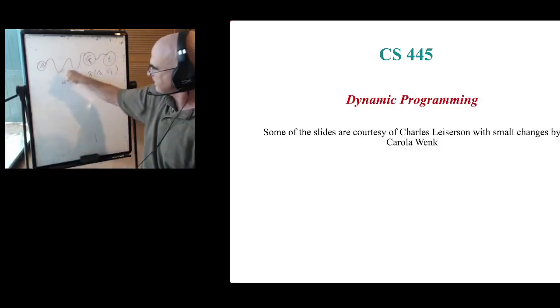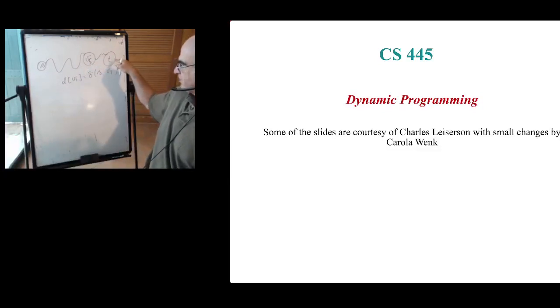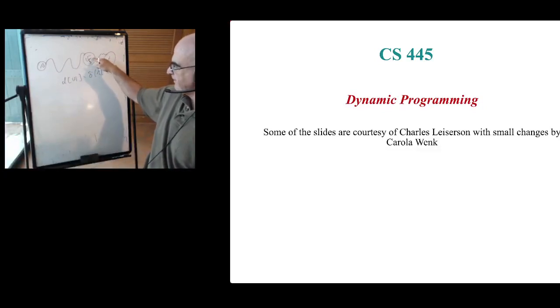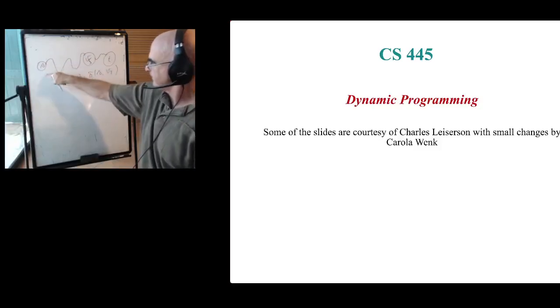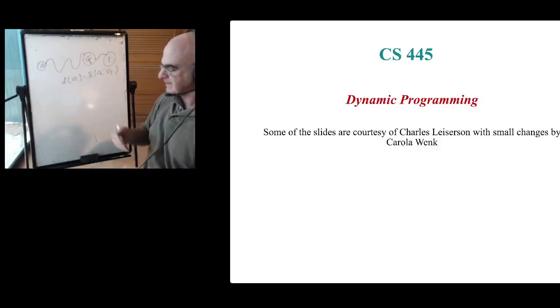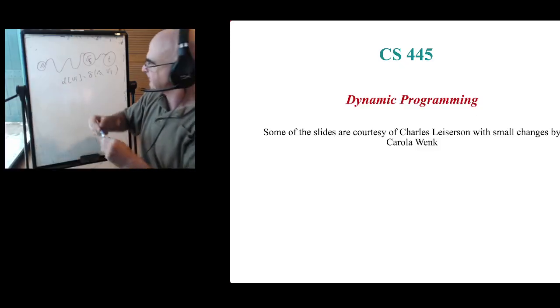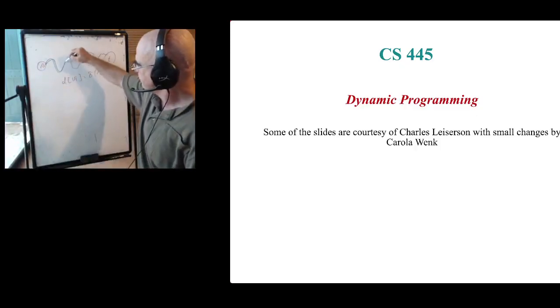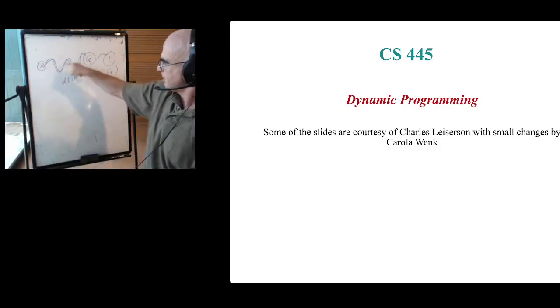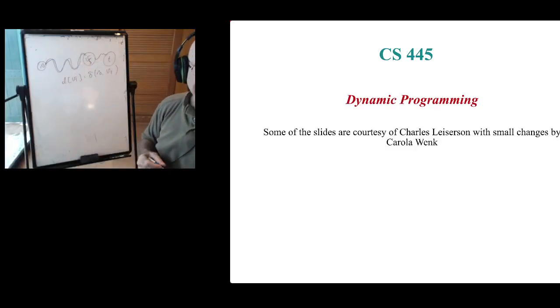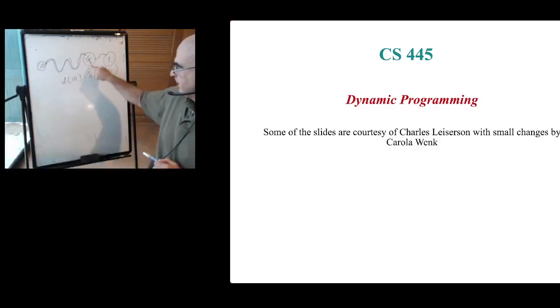Why? Because if the solution from S to T goes through V5, then the shortest path from S to T will use a portion of it. A portion of this path will be the shortest path from S to V5. Am I sure that V5 will be along the shortest path?